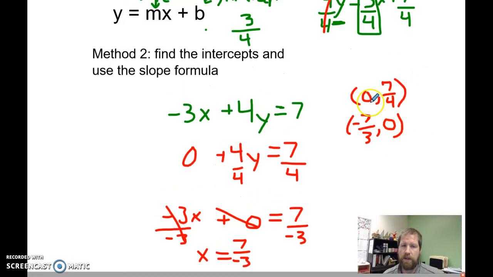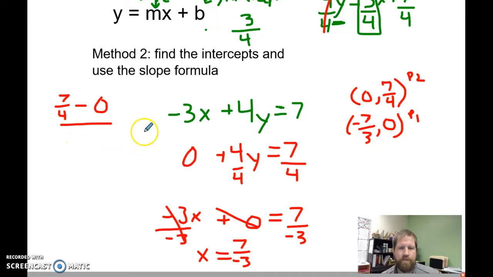I can still put it into my slope formula, change in y. Oh, I missed my step. I have to label my points. Let's do this as point 2, since we have a negative down here, and this as point 1. So I've got my y2 is 7/4 minus 0, that's my y1.